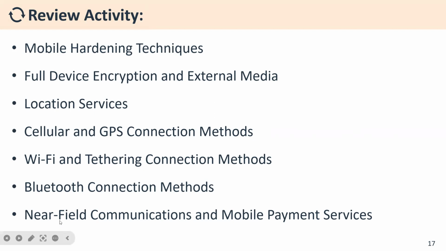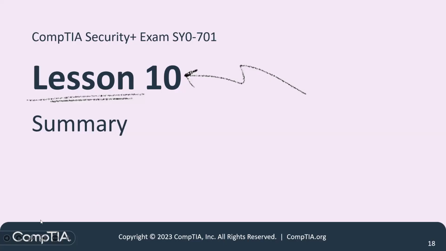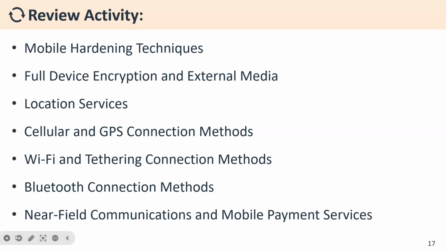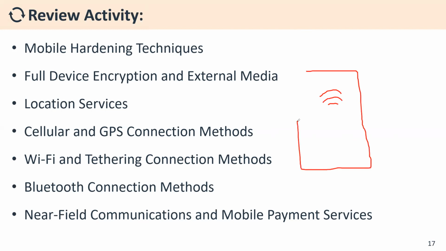Then for near field, NFC, near field communications, is just this kind of a signal you have on your phone, something that looks like this. It looks like this on your ATM card. You see something like this, right? So anytime you see that, that is the NFC. That means that card has the NFC feature, right?